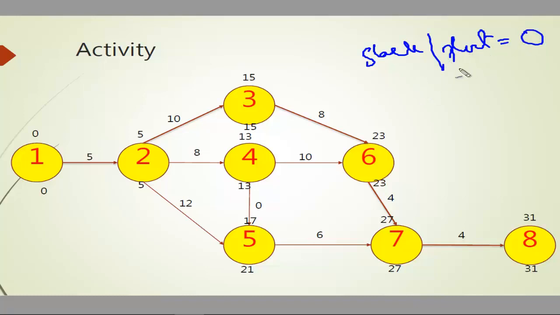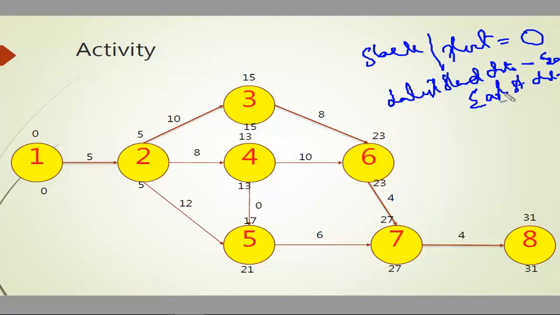The slack or float can be calculated as the latest start date minus the early start date, or the latest finish date minus the early finish date, because we have four times: the early start date, early finish date, late start date, and late finish date.